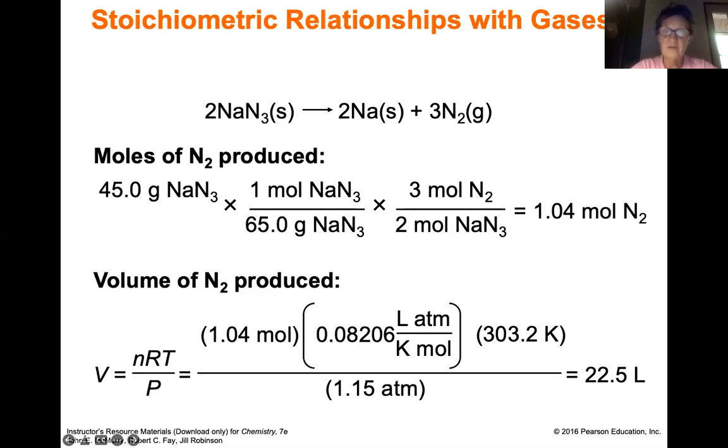But if we want to think about what volume that is, we can use the ideal gas law because it's a gas. So we'll use the ideal gas law rearranged with the pressure on the right-hand side. So 1.04 moles. Once again, the gas constant in liter atmospheres per K mole is the appropriate set of units here because everything will cancel except the volume. Kelvin for the temperature.